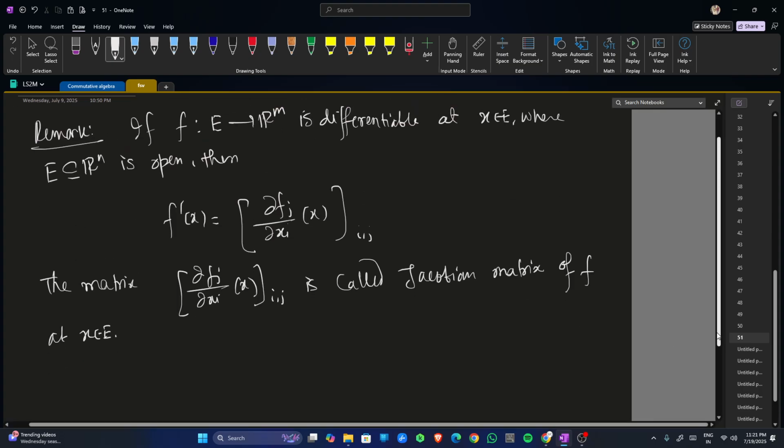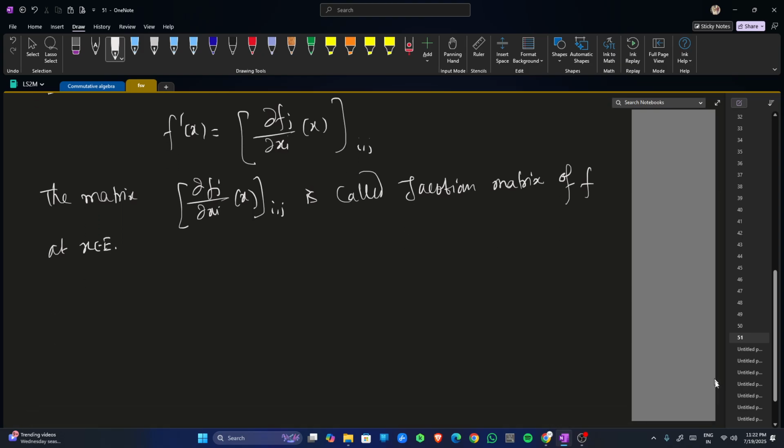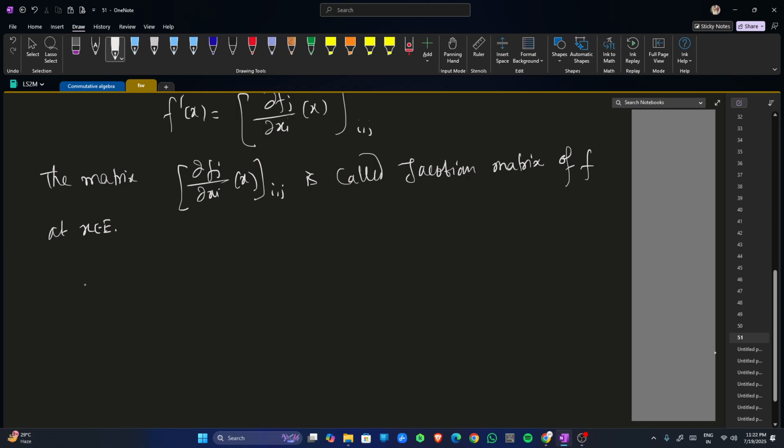We know they exist if it's differentiable at that point, but the converse may not be true. It may happen that a function is not differentiable at the point but all the partial derivatives exist. We'll see some example later.